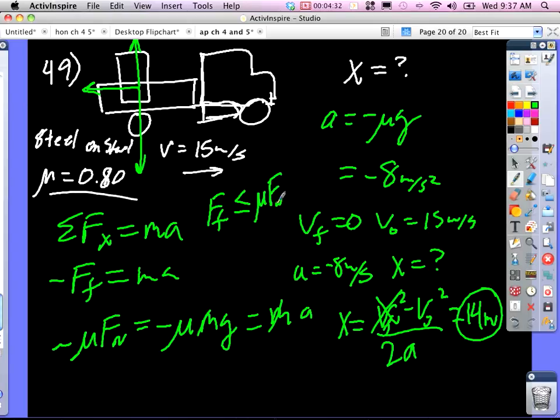I think they call it n, but whatever. And so if we're talking about max f, then we can say that it's equal, right? And then I just substituted right there. So negative f of f is equal to ma, and then I substituted this into here to get that.